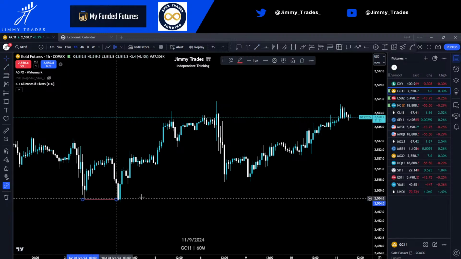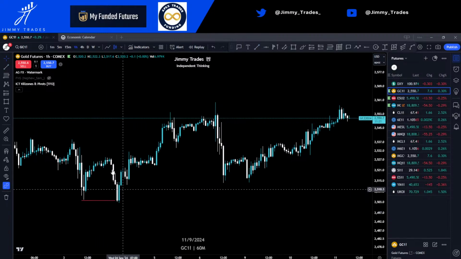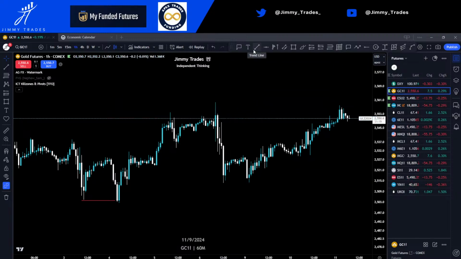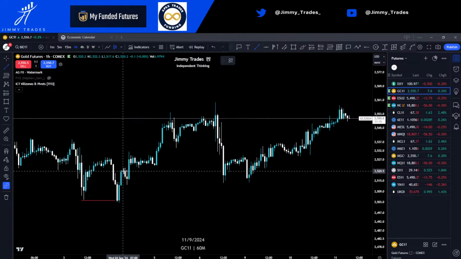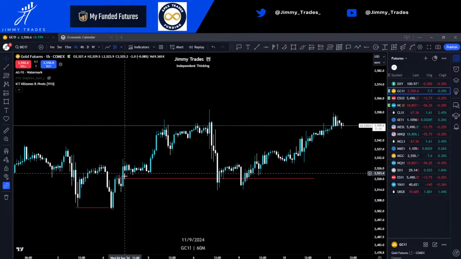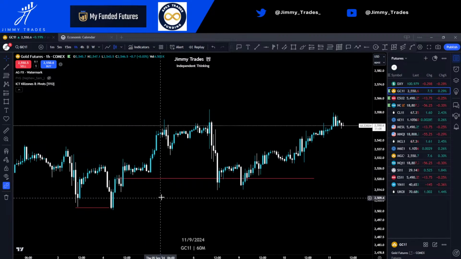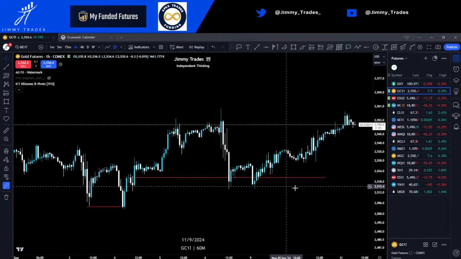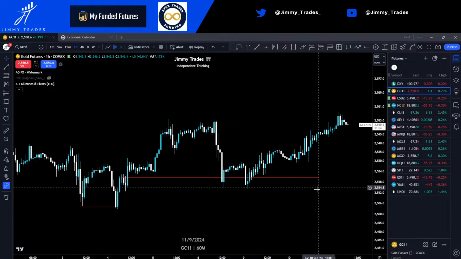So when gold had a sweep here, our first moment in time when we had a change in trend was here, this level here. So we had a bullish change in the state of delivery with displacement through here. We can see that. And price has respected that level.